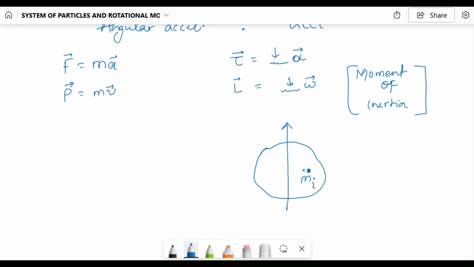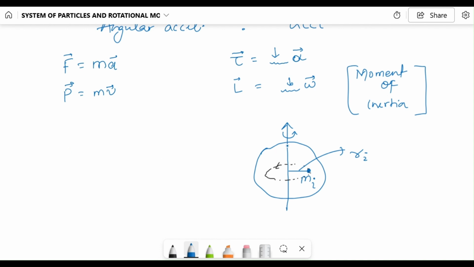While this body rotates about this axis, this mass will cover a circular path around this axis. And let's say its perpendicular distance is represented as Ri. So the moment of inertia, okay, we will come to that point.